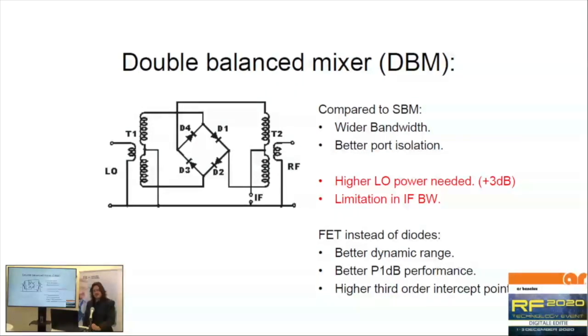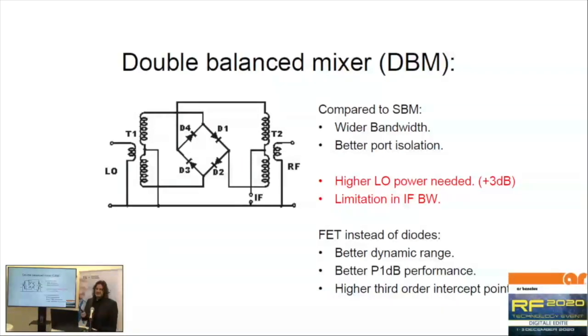The disadvantage, however, is that you need about 3 dB more LO power. LO power is usually not the biggest problem in circuits, so that should not be the biggest concern. The other part is that you have a limitation in your IF bandwidth due to the way it's set up.